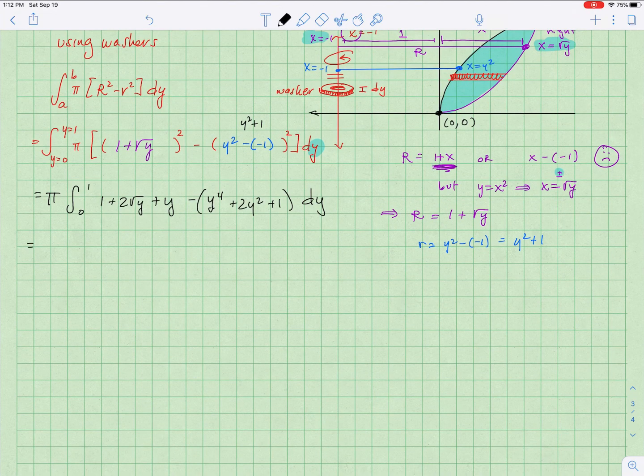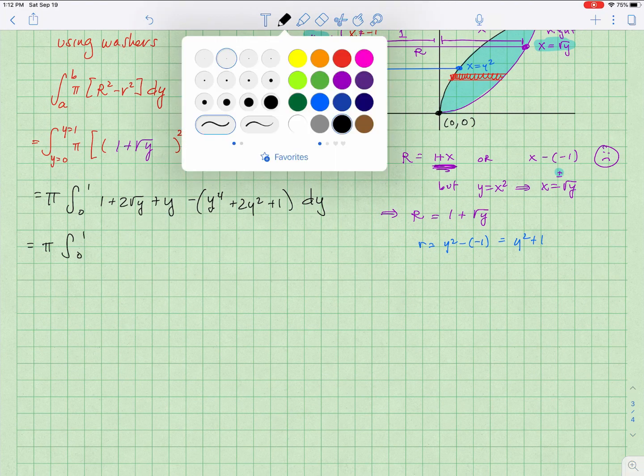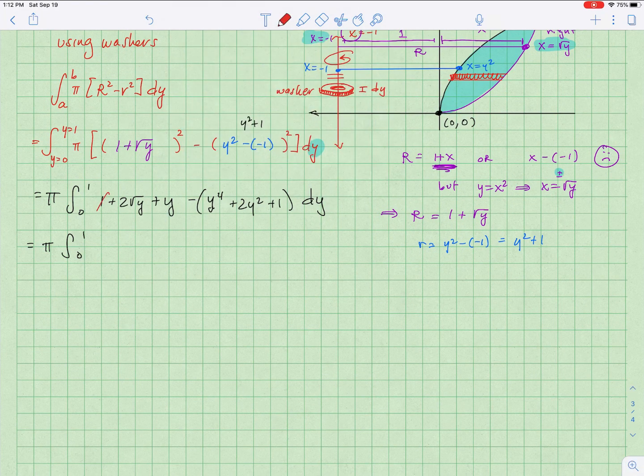And I'll rewrite this just a little bit. This is pi, 0 to 1. I'll have 1 minus 1, and those will cancel. And everything else is a different exponent on y, so this will be 2y to the 1/2 power plus y minus y to the 4th minus 2y squared dy.